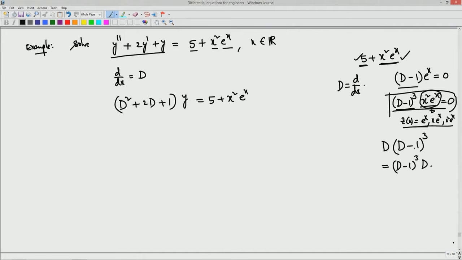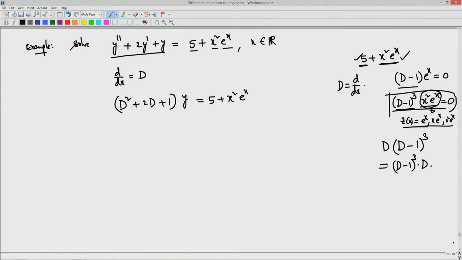D into (D minus 1) is the same as (D minus 1) into D, because these have constant coefficients. But if I have some variable coefficient, for example D minus x, then this is not commutative. D minus x times D need not commute if you actually expand and see. Here it is commutative because of constant coefficients.